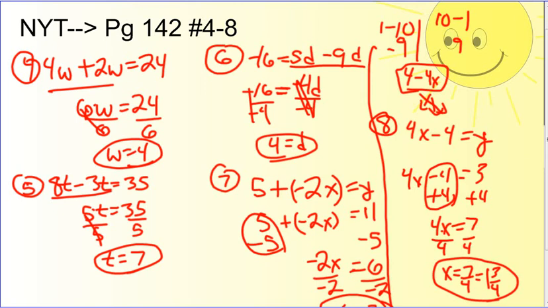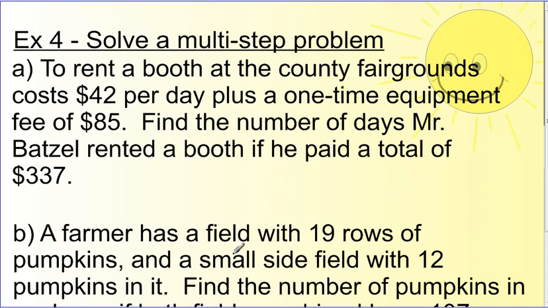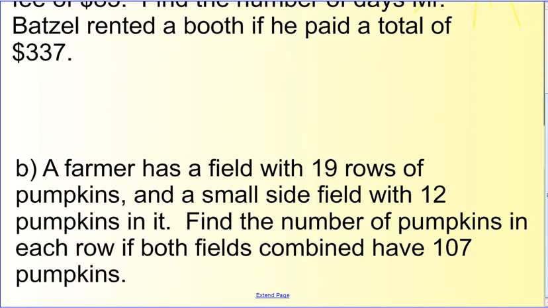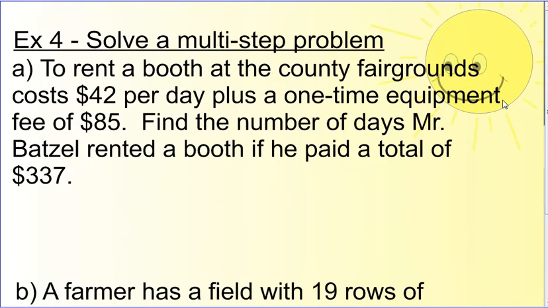Now, the last example, we're going to be looking at some multi-step problems. So, here it says, to rent a booth at a county fairgrounds costs $42 per day, plus a one-time equipment fee of $85. Find the number of days Mr. Batzel rented a booth if he paid a total of $337.